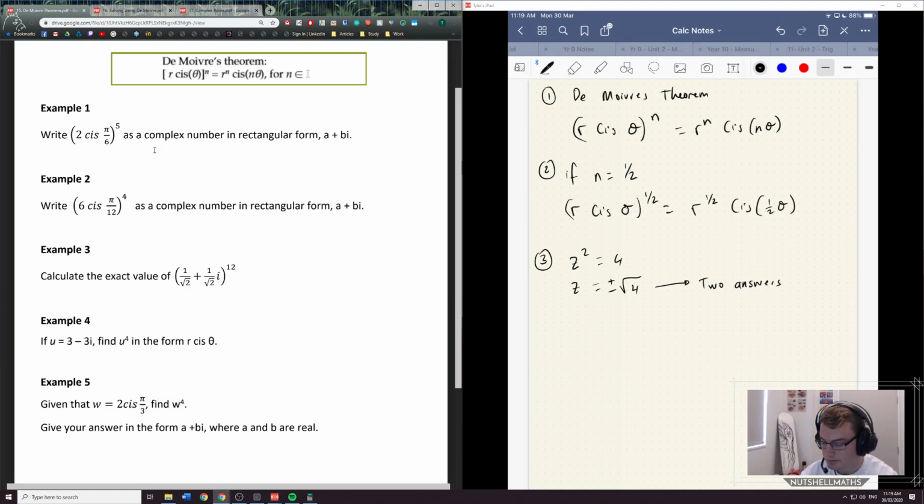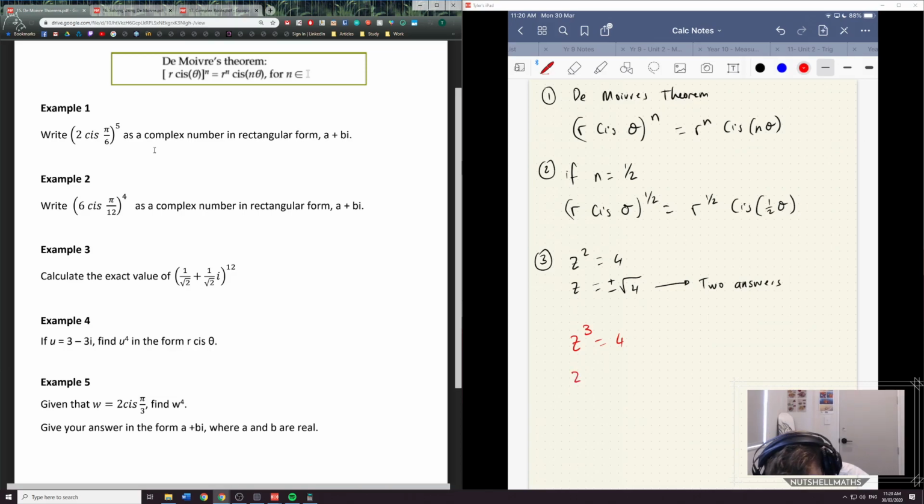In fact, there's a thing called the fundamental theorem of algebra, which means that if I have z to the 3 equals 4, then it's not necessarily plus or minus, but we're going to have 3 answers.